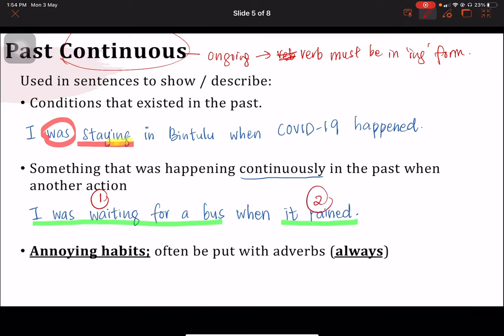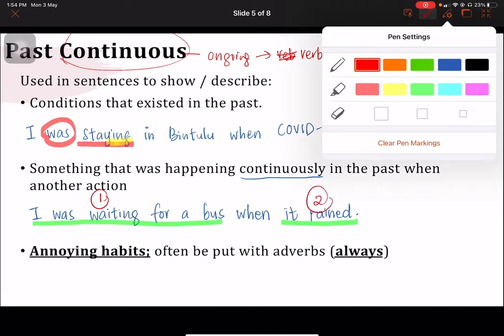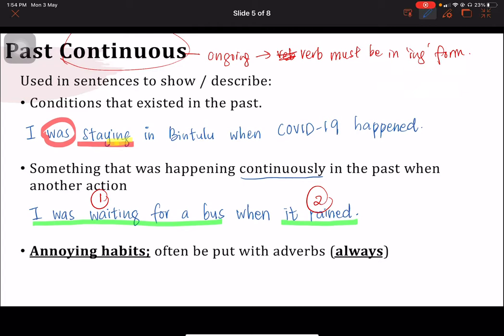And then we're also talking about annoying habits, often put with adverbs.